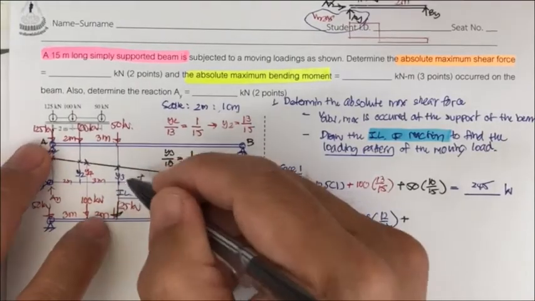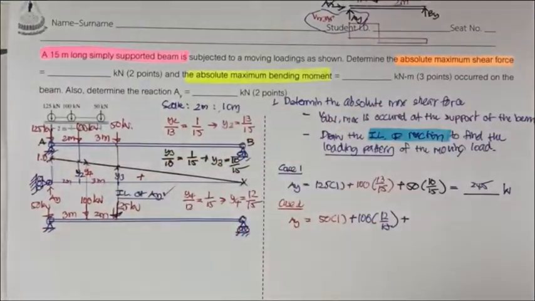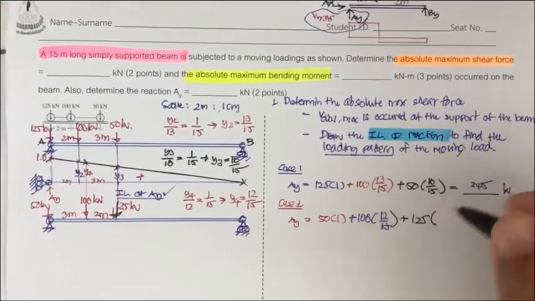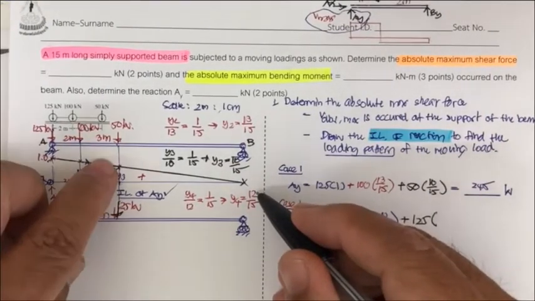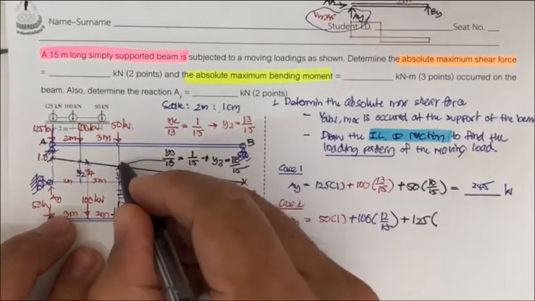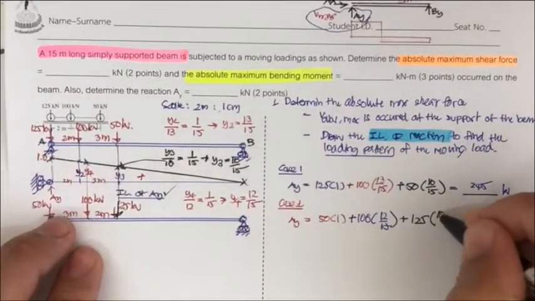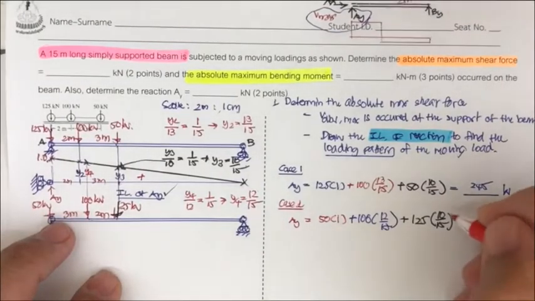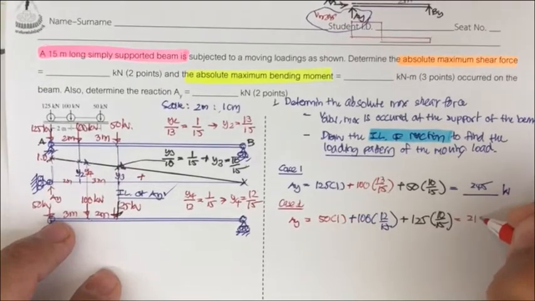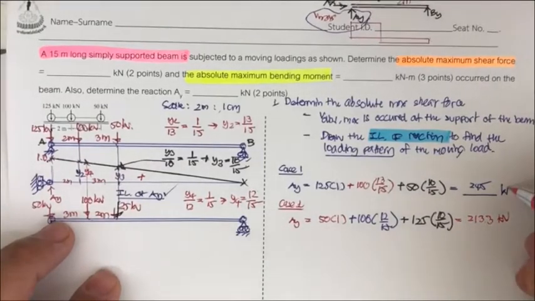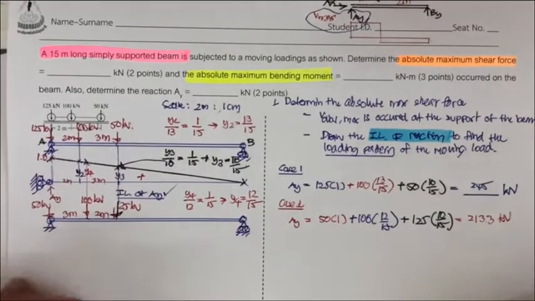Okay, this is 5 meter, so this one is supposed to be here. So it's going to be 125 times this one, times 10 over 15. And then you get the A sub y of this time of 13.3 kilonewton. That's pretty close, but less than the first case. Okay.